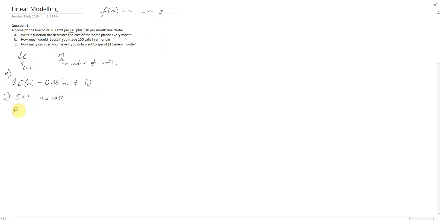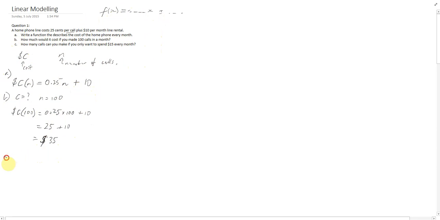Cost of 100 calls is 0.25 times 100 plus 10. 0.25 times 100 is 25, plus 10, that must be 35. And remember our dollar sign, because the question's asking how much would it cost. So it's going to cost $35. It doesn't just cost 35, it costs $35.